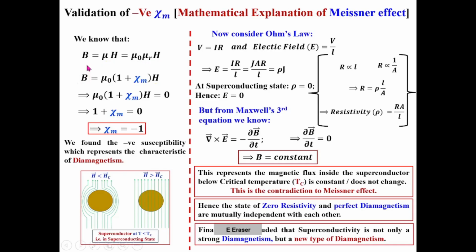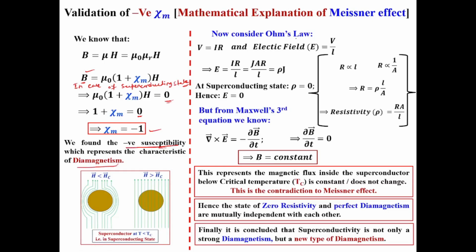So in the superconducting state, B value is 0. I substitute B equal to 0, so this value will be equal to 0. That means 1 plus chi m will be equal to 0, which implies chi m equals minus 1. Here we found negative magnetic susceptibility, which represents the characteristic of diamagnetism.